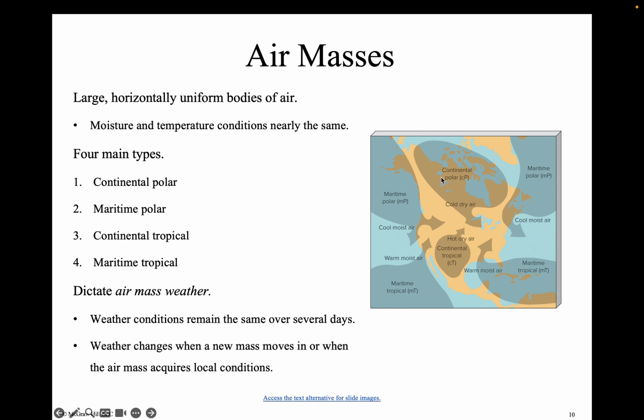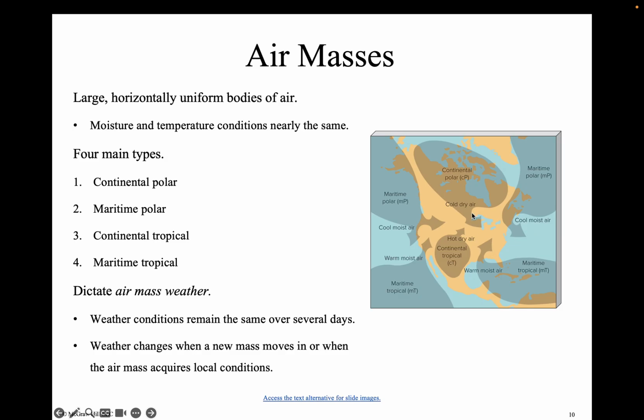As it moves south, it meets a warm and moist air mass coming from the Gulf of Mexico. This is what we call the maritime tropical air mass.